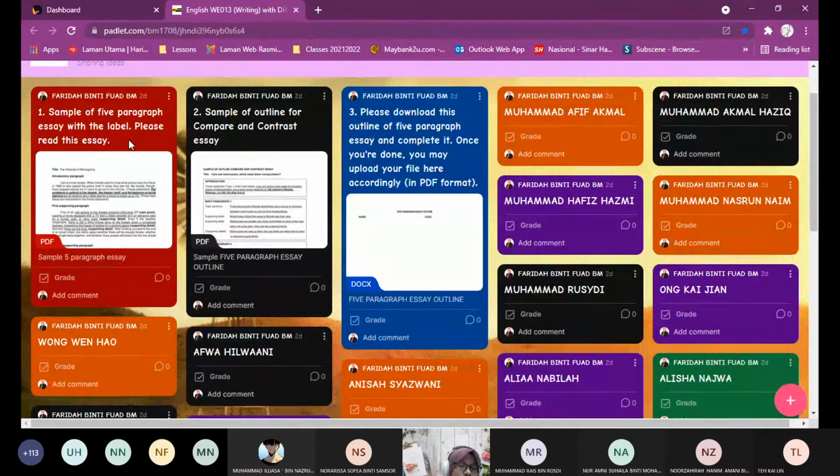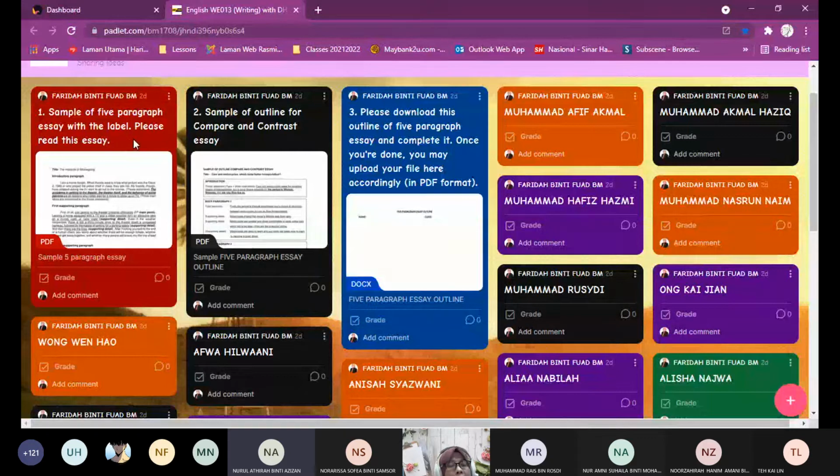I'm sure you learned this in secondary school, right? So tell me the basic structure of an essay. What do you have in one essay? Can anybody tell me? Introduction. Yes, good, the introduction paragraph. And then?